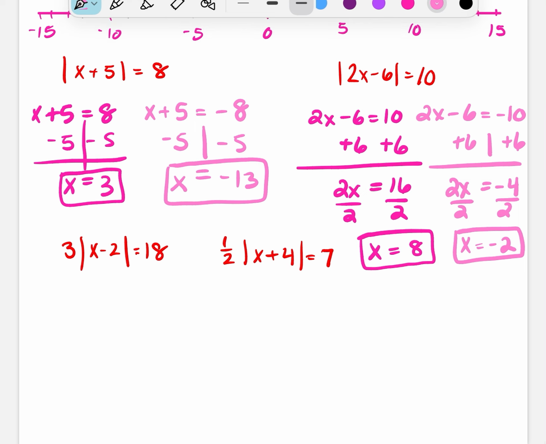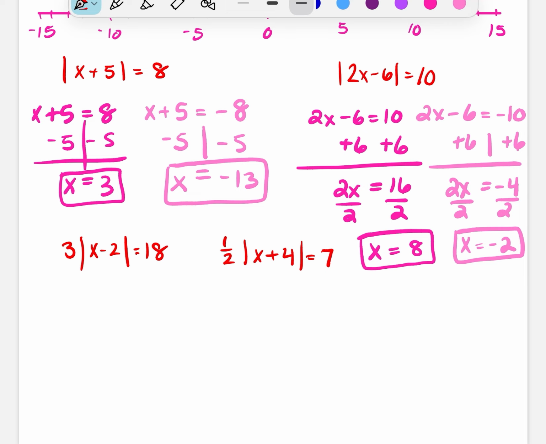All right, now we have the absolute value of x minus 2 in parentheses, but the 3 is outside. And the 3 is right next to the absolute value bars, so that means we have 3 times the absolute value. So before I split my equation into 2 equations, I want to get those absolute value bars by themselves.